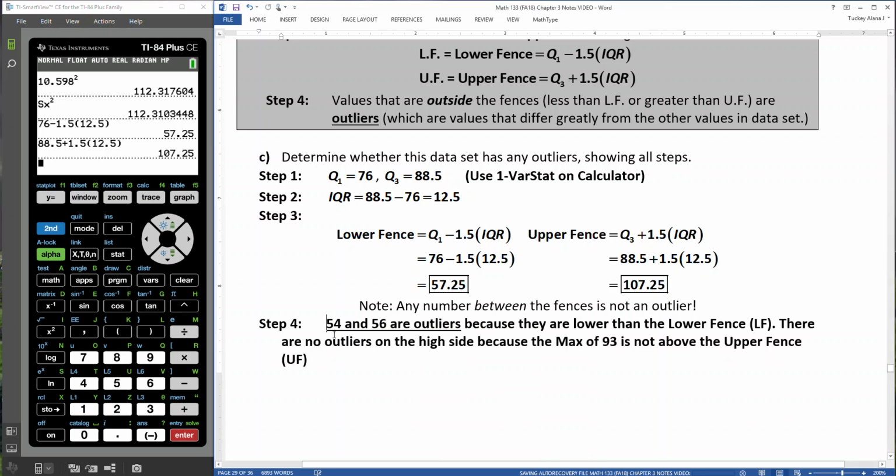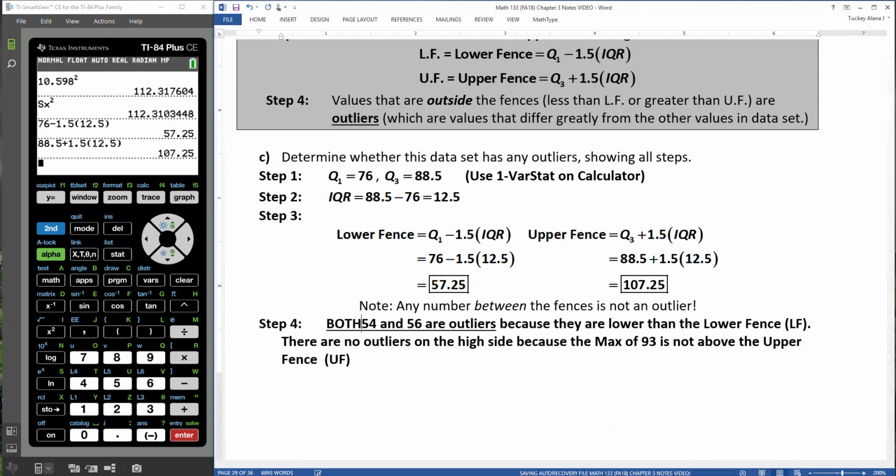So there we have it, 54 and 56, both of them are our outliers because they are lower than the lower fence, which I often abbreviate to LF for my own sanity's sake. There are no outliers on the high side because if there were, the maximum would have been higher than the upper fence, and the maximum was only 93, and 93 is not above 107.25.